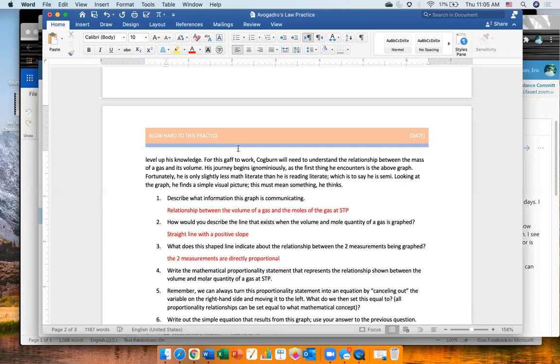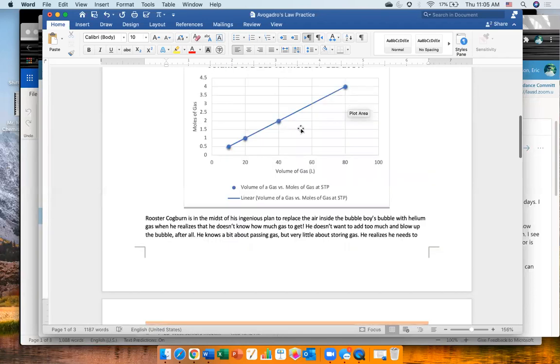This is the holy grail of scientific and mathematical graphs. Whenever a line like this develops, it tells the scientist or mathematician doing the graphing that the two measurements being graphed are directly proportional to each other.